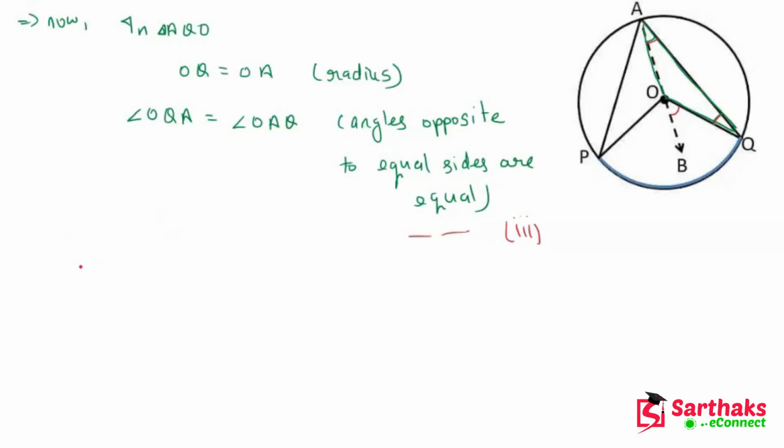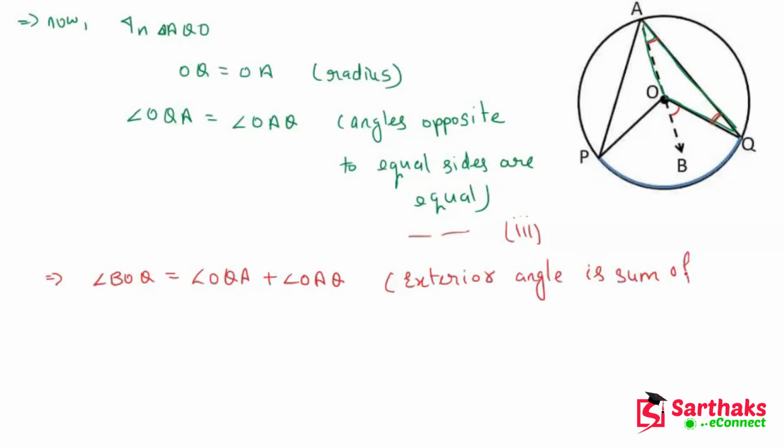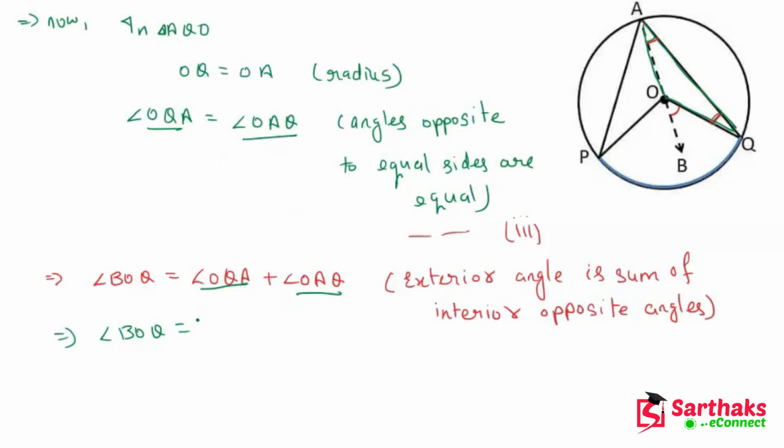So we can write angle BOQ is equal to angle OQA plus angle OAQ, meaning this angle plus this angle. The reason is that the exterior angle is the sum of the interior opposite angles. Now, since angle OQA is equal to angle OAQ, angle BOQ is equal to twice of angle OAQ.